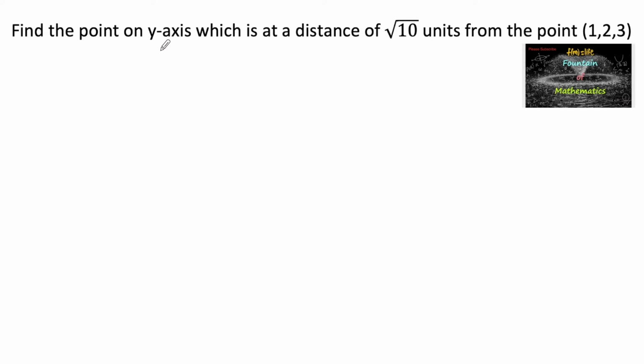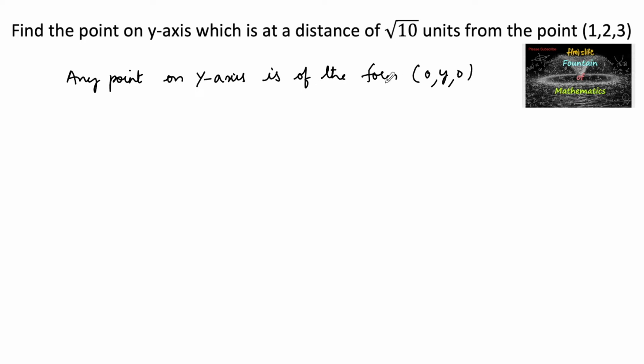Find the point on y-axis which is at a distance of root 10 units from the point 1, 2, 3. We know that any point on y-axis is of the form 0, y, 0, since x coordinate and z coordinate are 0.